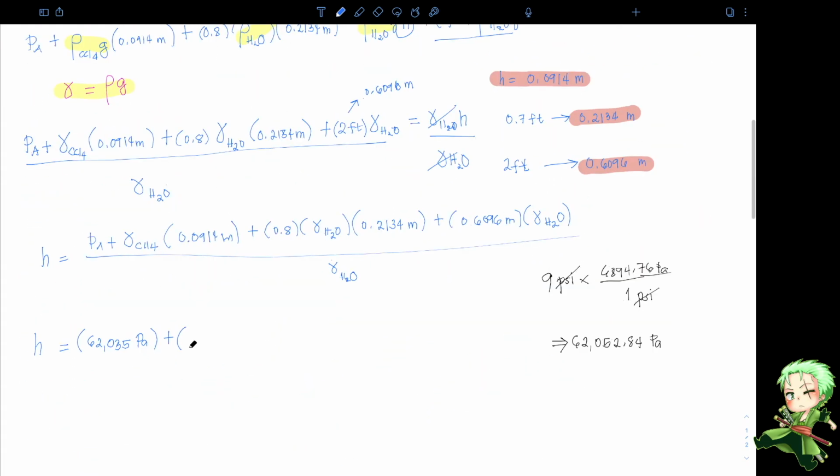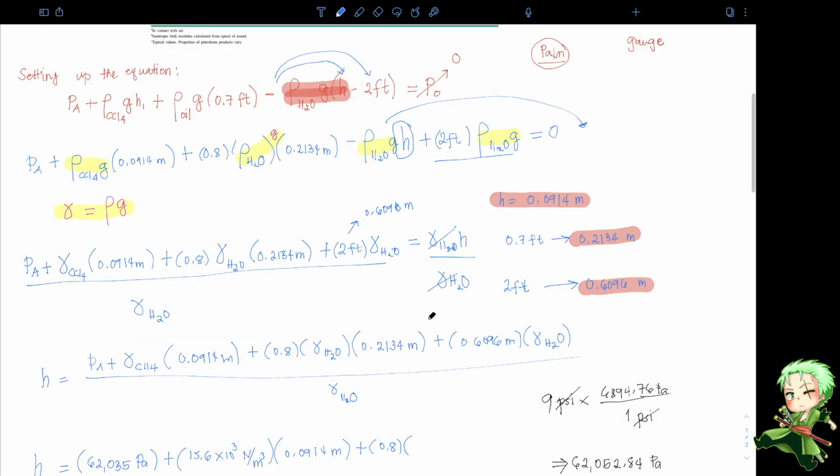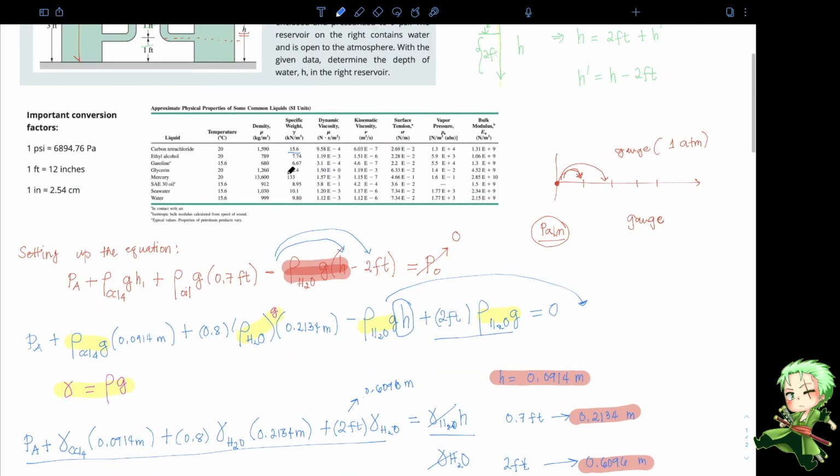So we will have it here 15.6 times 10 to the 3 newtons per cubic meter, and then you multiply it by 0.0914 meters, and then you add 0.8, and we are going to our reference for the specific weight of water, and that is 9.80, still kilonewtons per cubic meter.